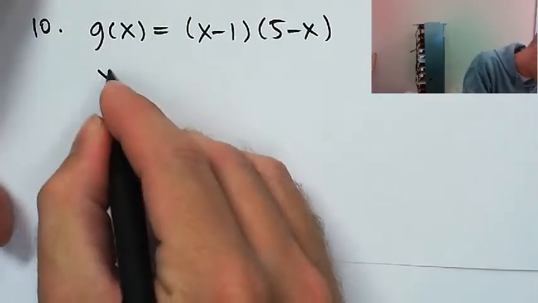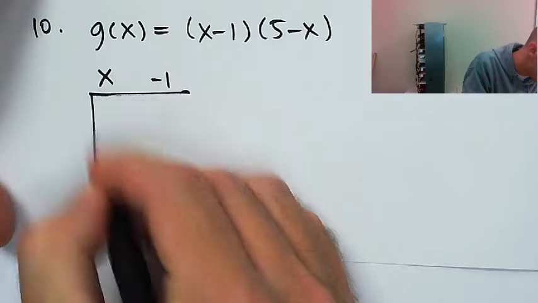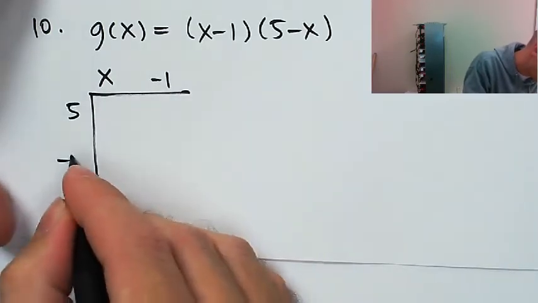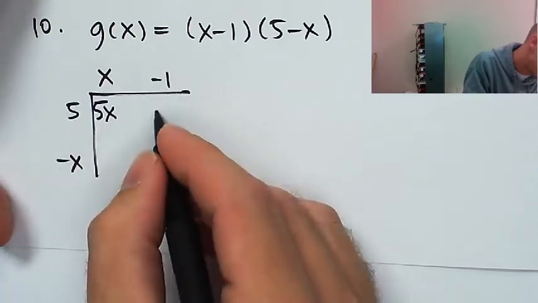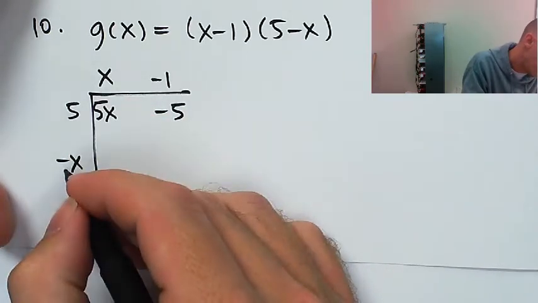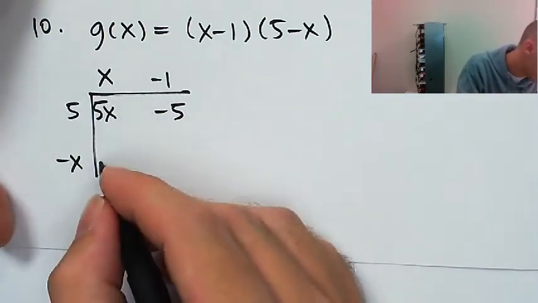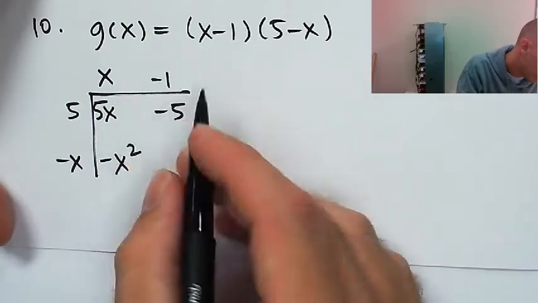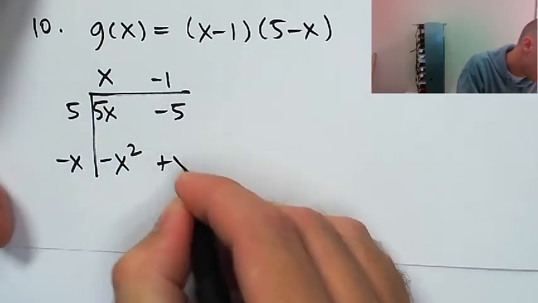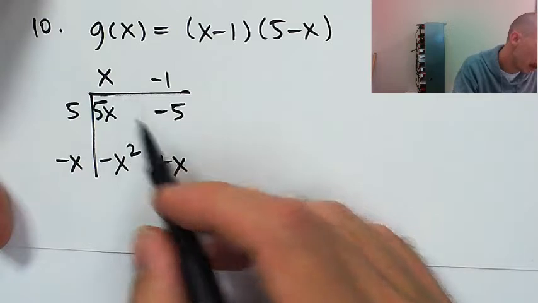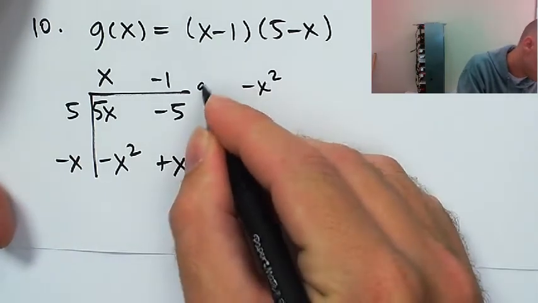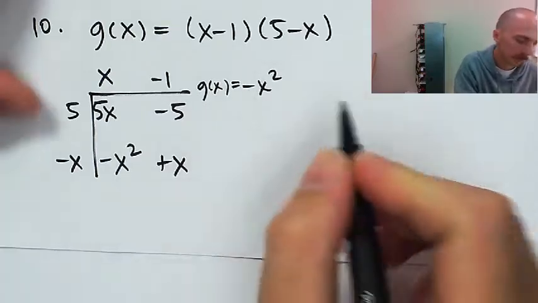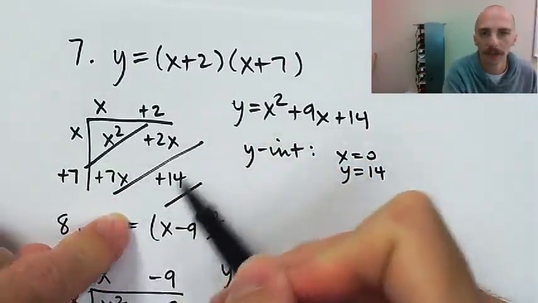I'm going to say x minus 1 against 5 minus x. 5x, negative 5. And x times negative x would be negative x squared. And then negative 1 times negative x would be plus x. All right, and now I'm going to have a negative x squared. So all the way back up here, I was able to have them nicely on diagonals.